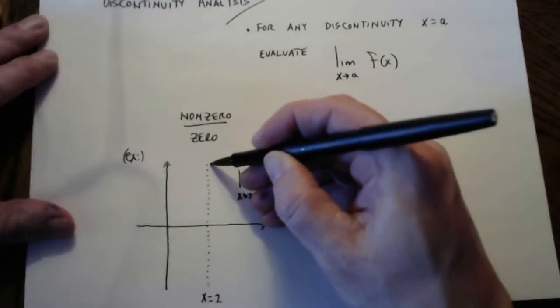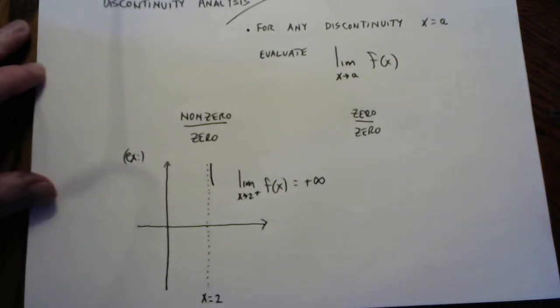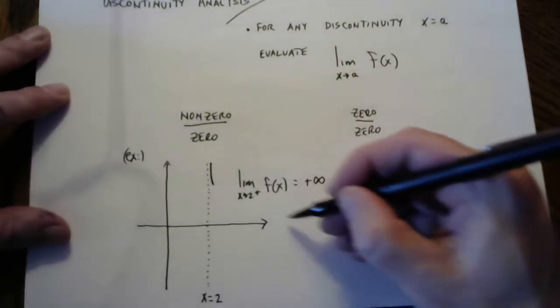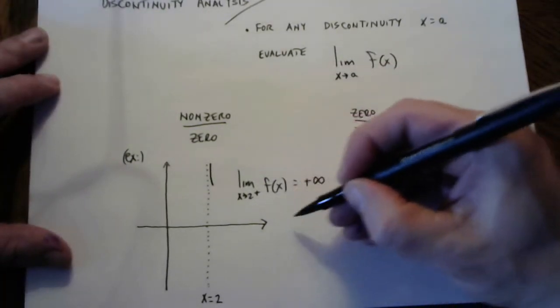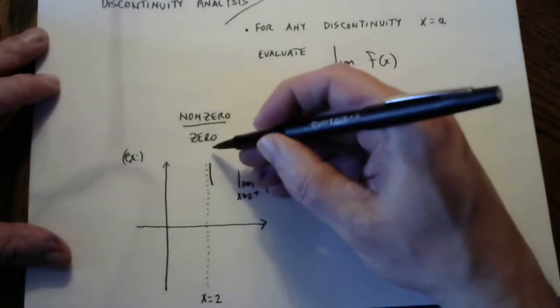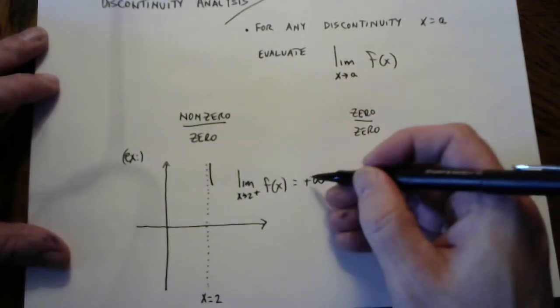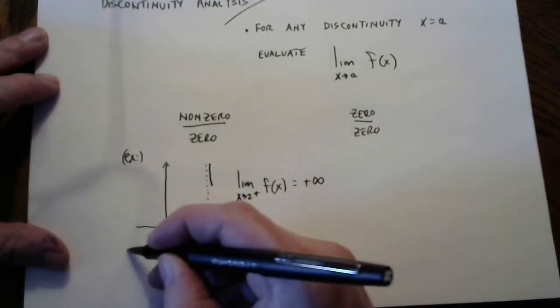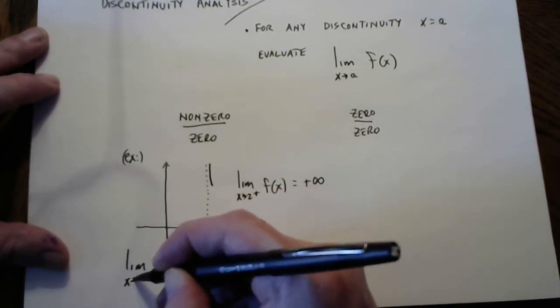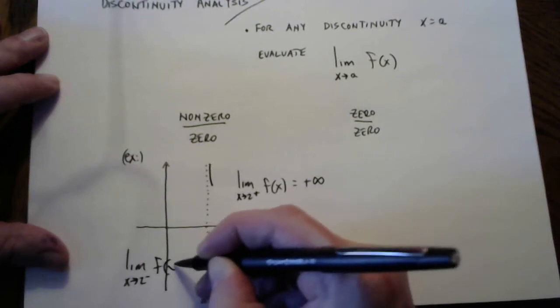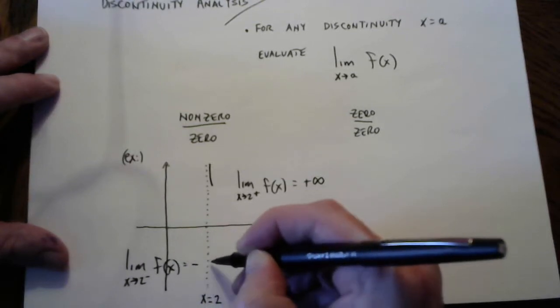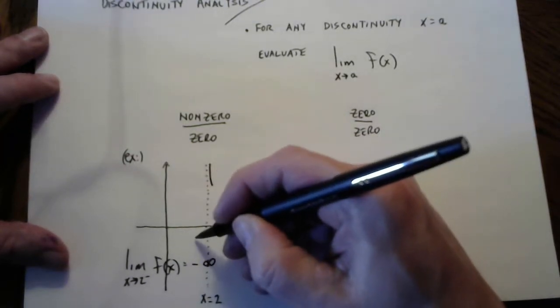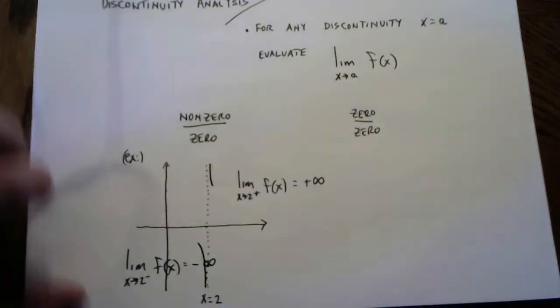So what that looks like graphically is this. Now what it does down here, I have no idea. But as I approach this line of 2, it's going to go to positive infinity. It could also go to negative infinity, in which case I draw it down here. So as I approach 2 from the left, let's say that one does go to negative infinity, and that would look like that.